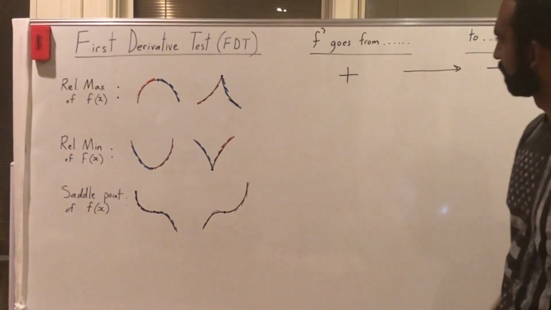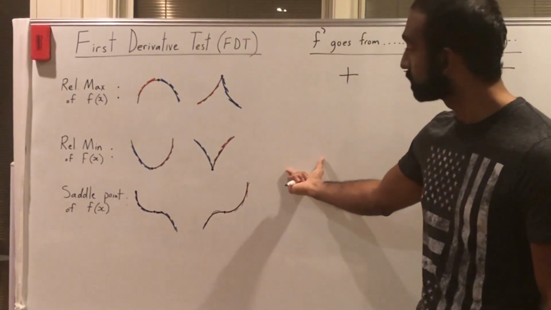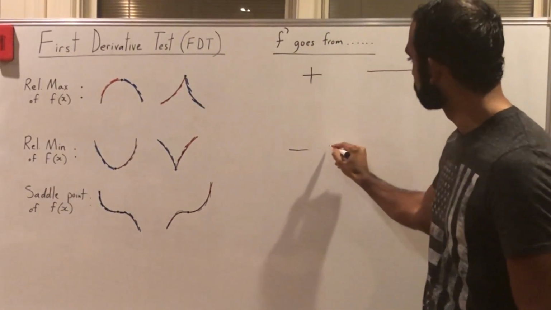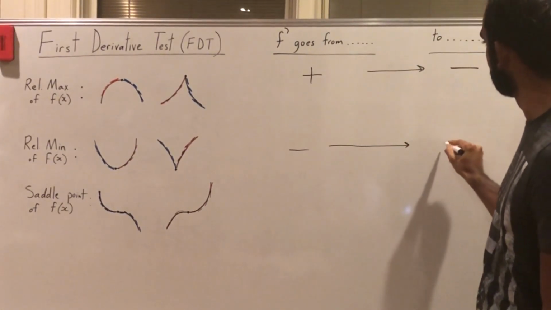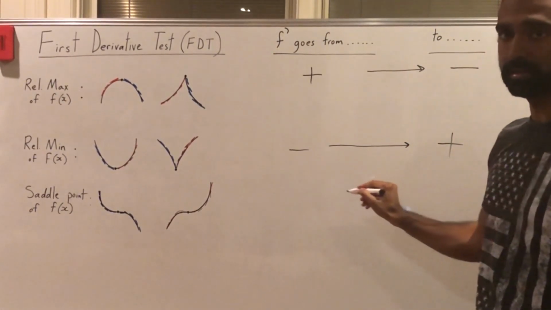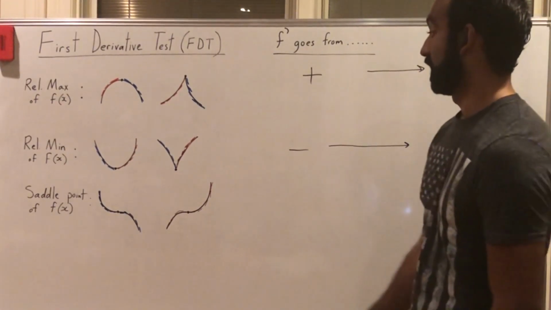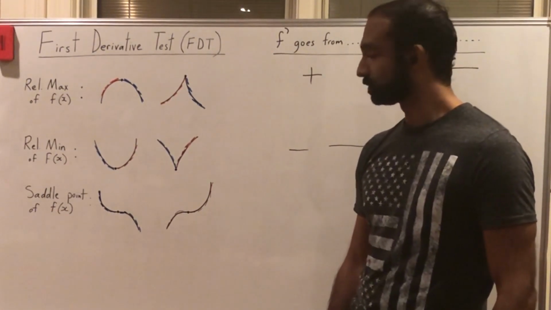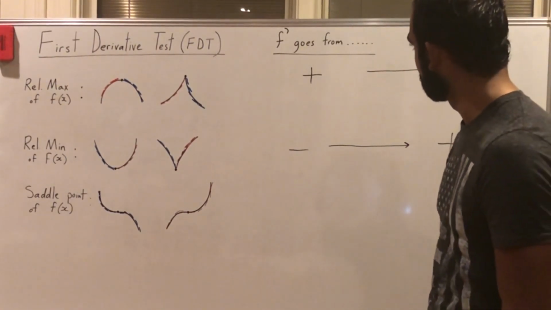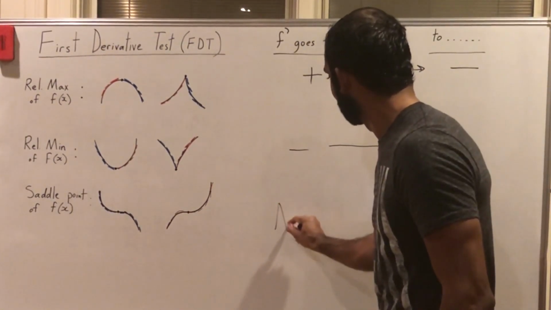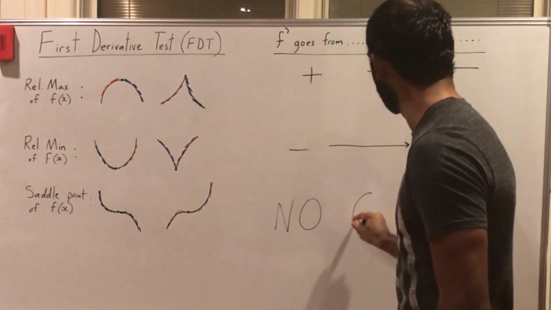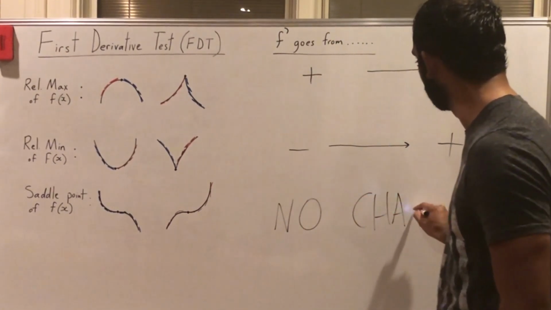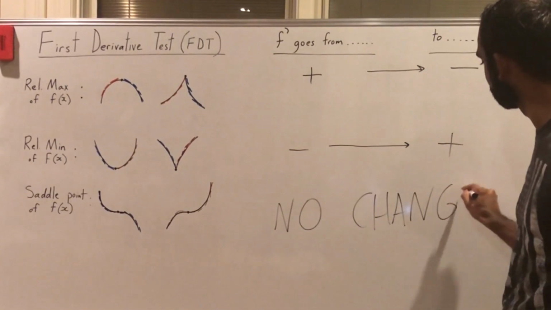Likewise, the trend for relative mins, negative slope to a positive slope. Now what is the trend finally for saddle points? Positive to positive or negative to negative? In other words, none. No change immediately to the left or the right.